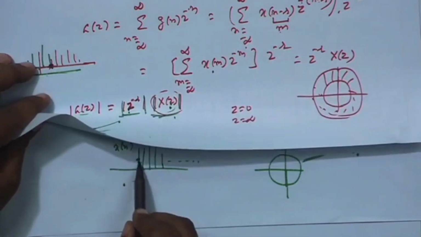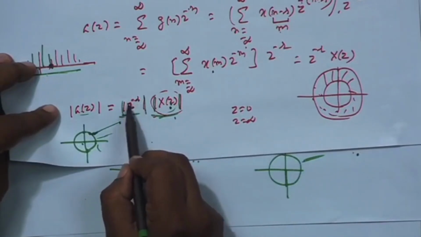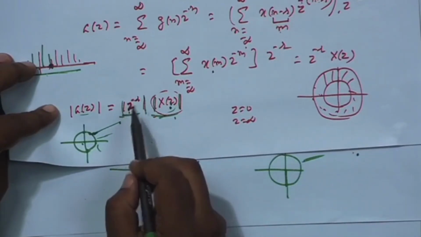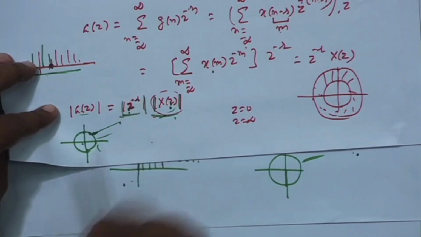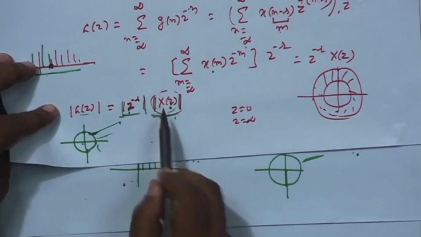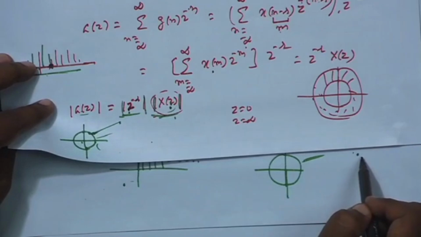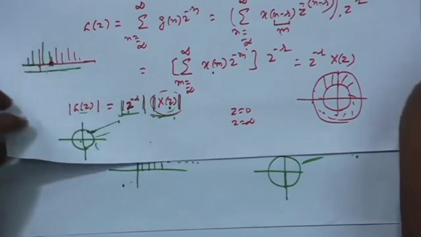In this case, z to the power minus r, if r is negative, then z to the power minus r means z to the power positive r, some positive value. So, z equal to infinity will not be allowed, even if ROC of X(z) includes infinity. So, these are the things that we have seen depending on where the sequence starts and all that. All right.